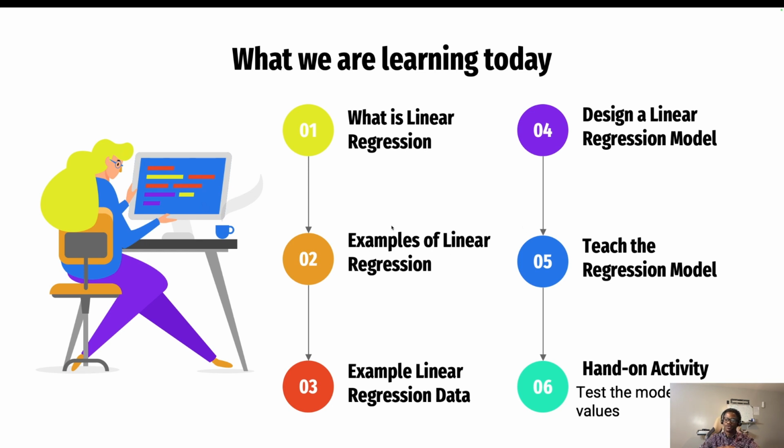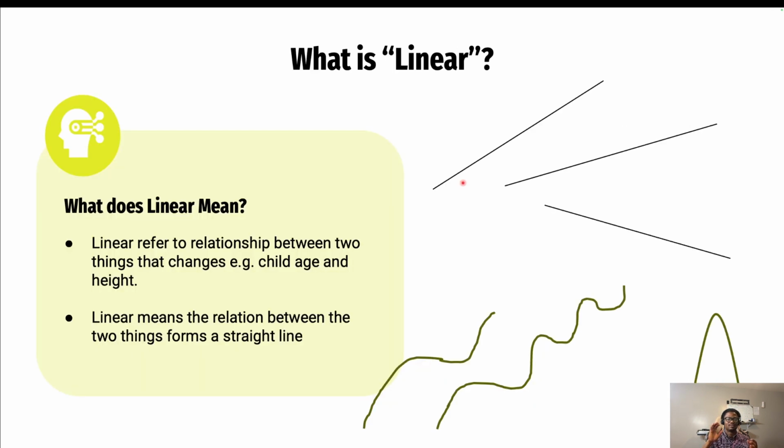Before we go into the code, I just want to explain what linear regression is. I would like to break this down so that it won't be complex for you. First, what is linear? When someone says linear, what do they mean?